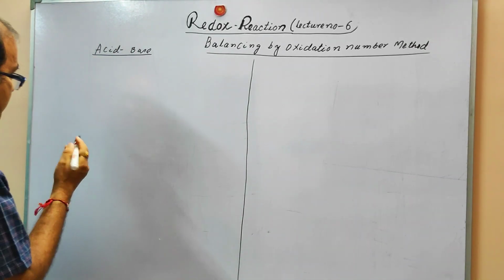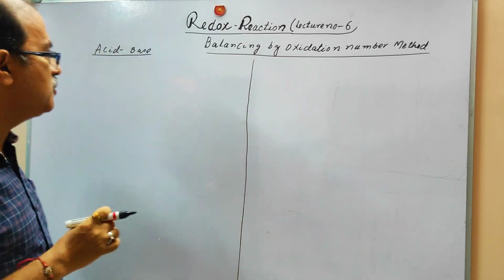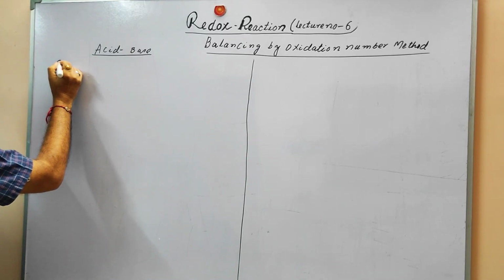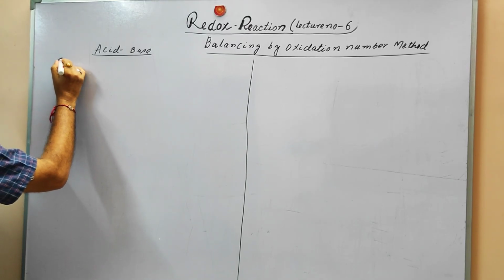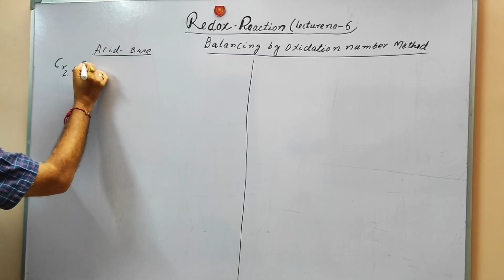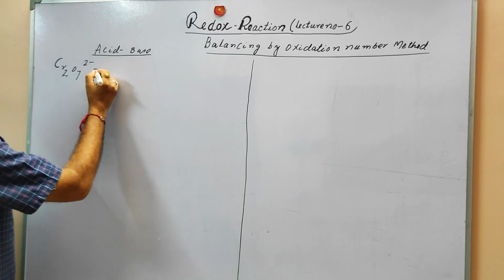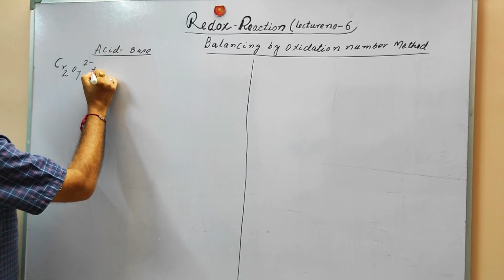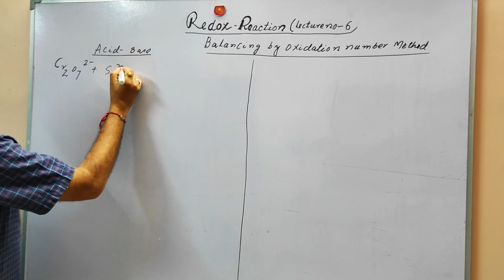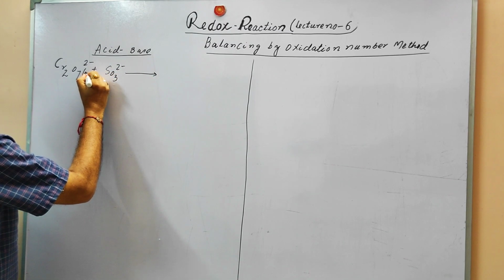So what is the first thing that we have to write? The ionic equation, right? First we will write the ions. It is the dichromate ion plus the sulfite ion, and this is in the aqueous medium.